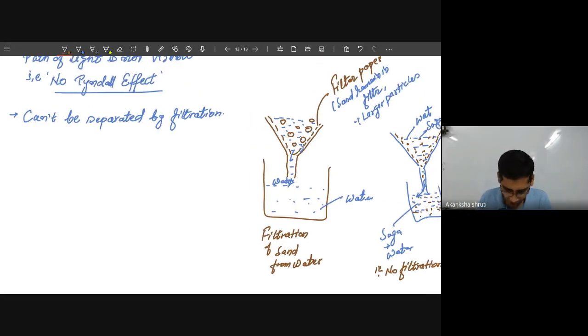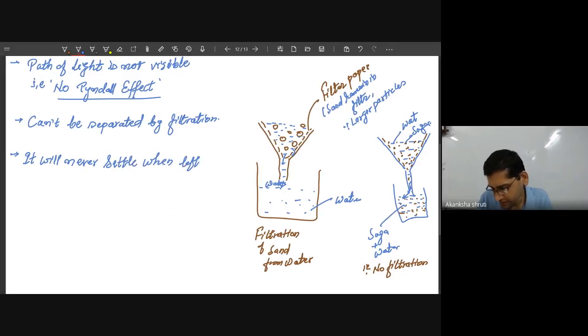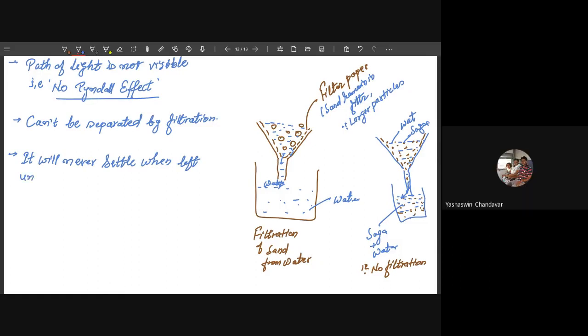Another thing that we have learned was that because of the bigger particle size, the heterogeneous mixture gets settled at the bottom, but a homogeneous mixture never settles. So a solution will never settle when left undisturbed for a longer time.